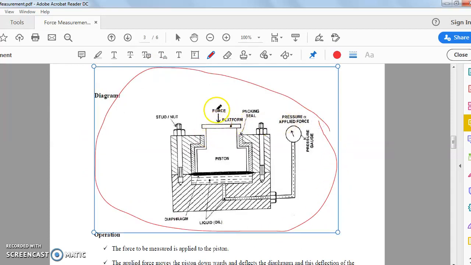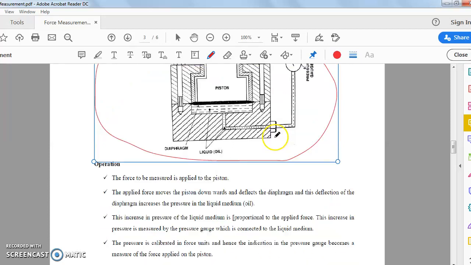On the platform the force is applied, which in turn gives pressure on the piston. The piston gives pressure on the liquid, and finally we measure the pressure on the liquid using the Bourdon type pressure gauge. So whatever the amount of force applied, its equivalent pressure we can measure from the pressure gauge, and here the pressure is the measure of force.